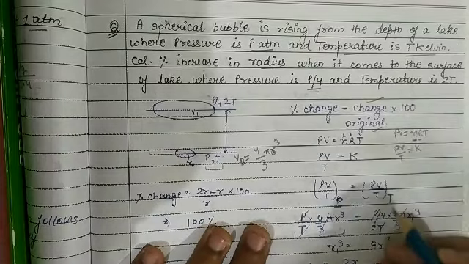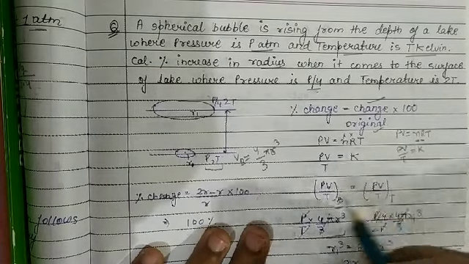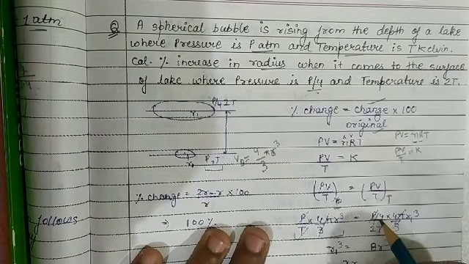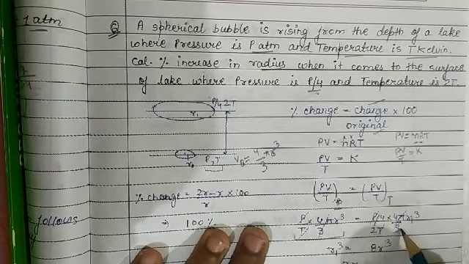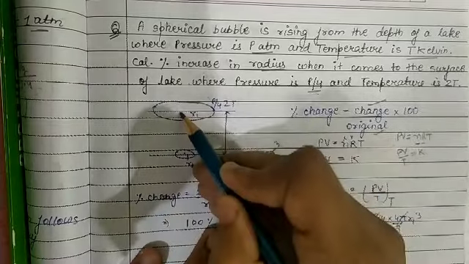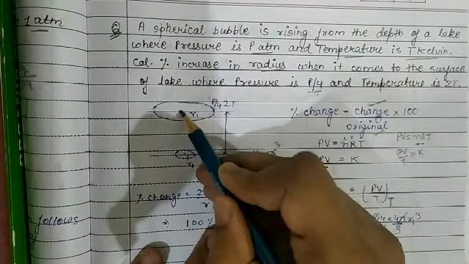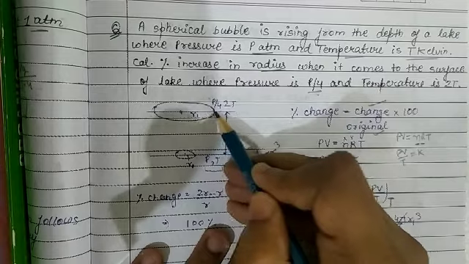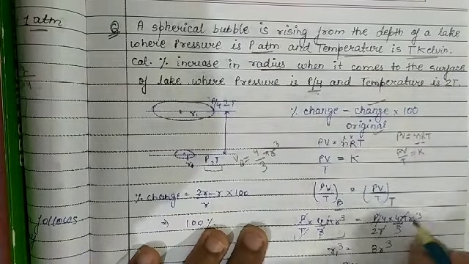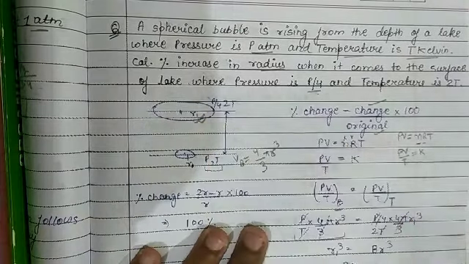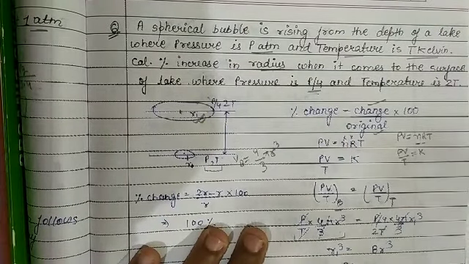Now at top, pressure becomes P by 4 and temperature becomes 2T, and volume becomes, we don't know the radius of the spherical balloon when it comes to the top, so let the radius be r1.